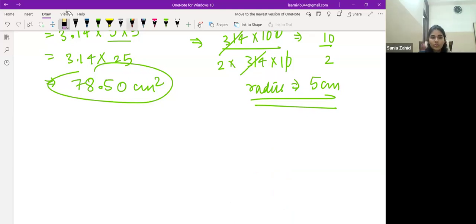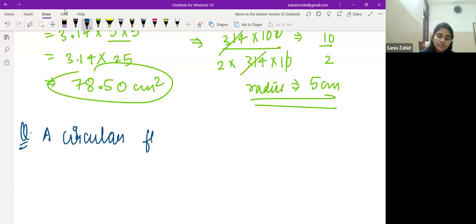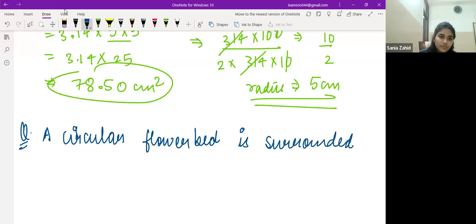Okay, good. So we move to the next question. You have a circular flower bed surrounded by a path of 4 meter wide.